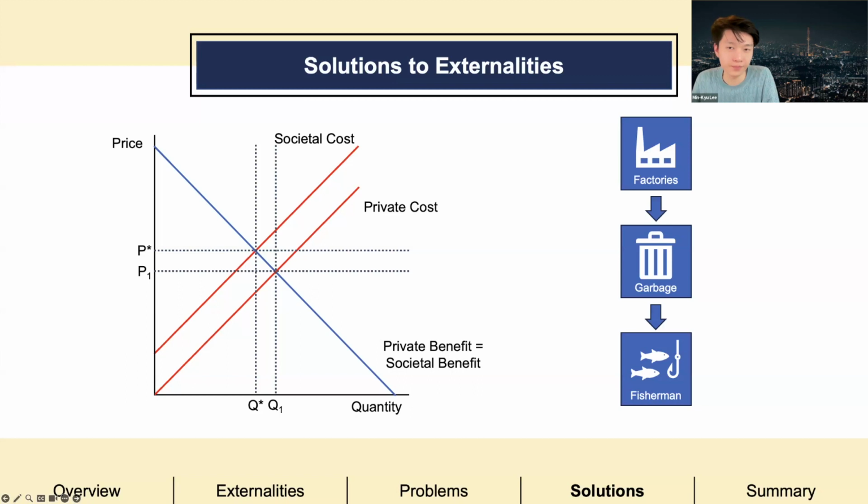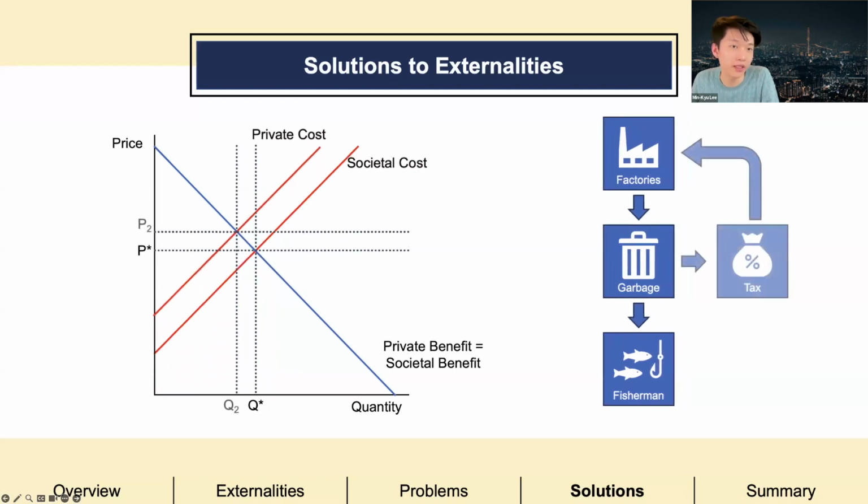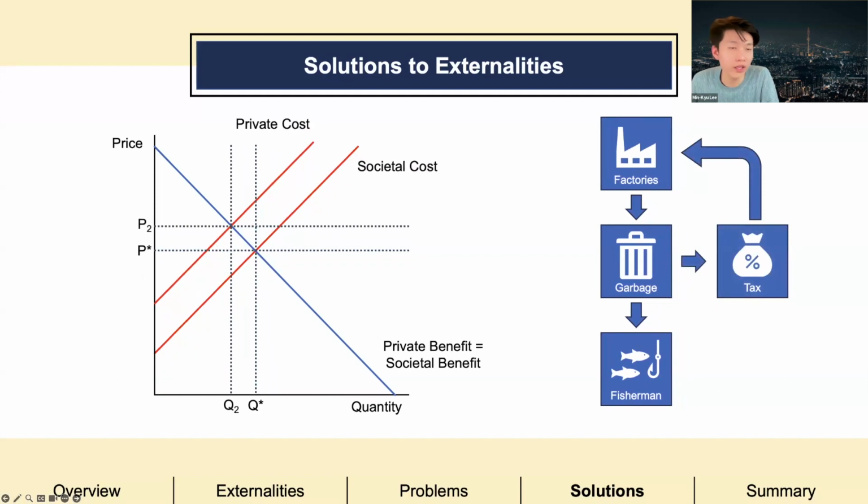They're really guessing when they're making these decisions. If we add a tax, but the tax is too great, this is what happens. That private cost goes way too high, and essentially we're now producing at Q2 instead of Q star. We're producing way too little. Now we're underproducing, so we're taxing too much. That means the factory is really overpaying for the damages caused by garbage, and now the price is way too high.